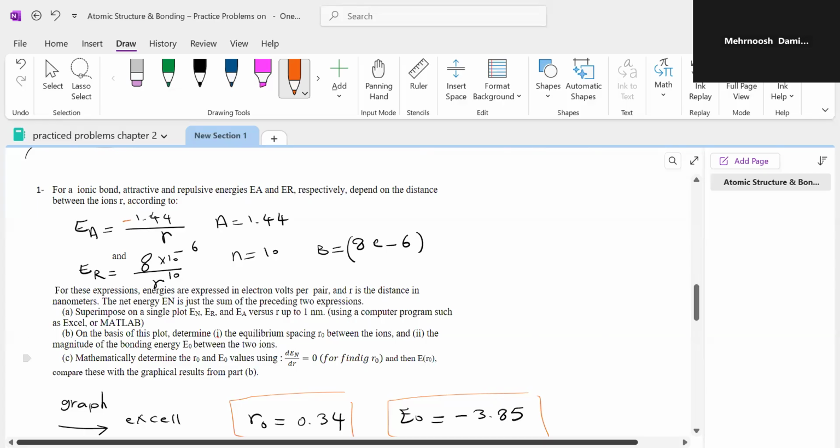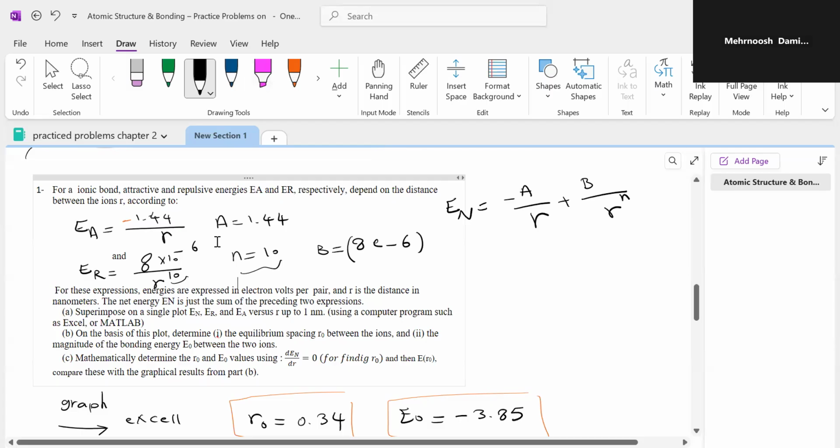If you compare to the previous equation, where En was minus A per R plus B per R to N, you find that A is 1.44, N here is 10, and B is the numerator of this fraction, 8 times 10 to minus 6. Okay.